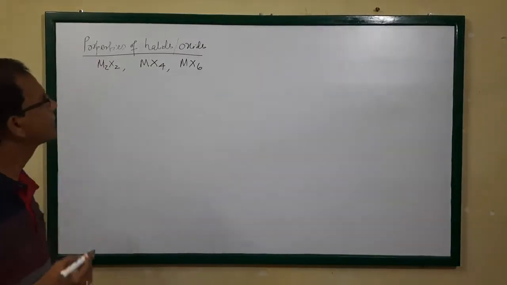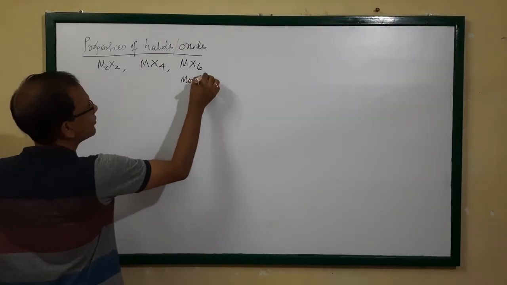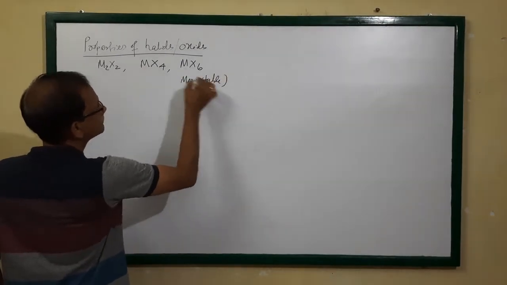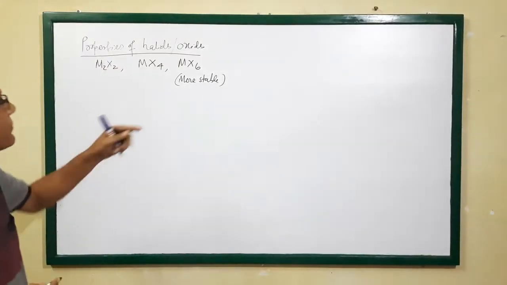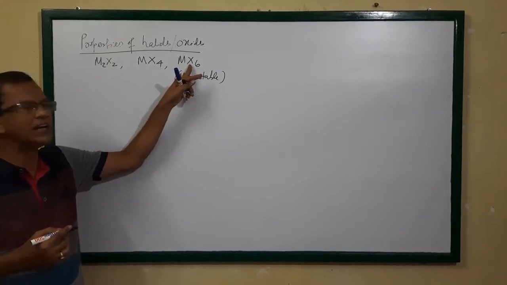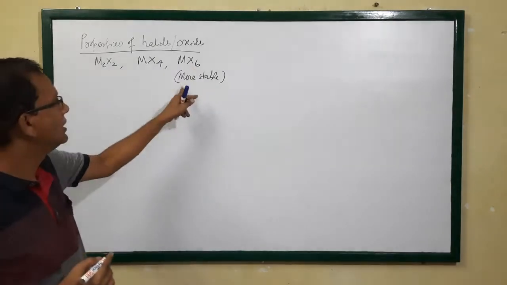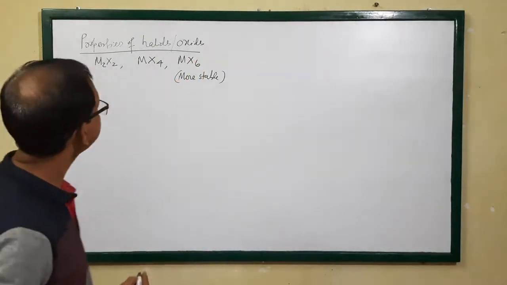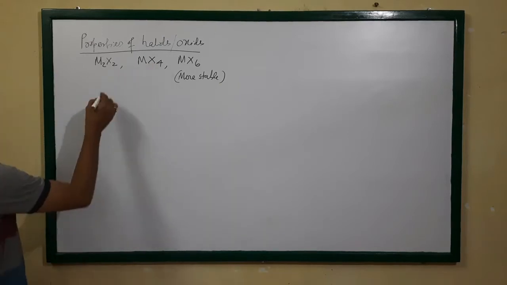Out of these, MX6 is more stable due to the covering of more electronegative halogens around the central atom. It results in more stability. If you see these, they are mainly MX4.